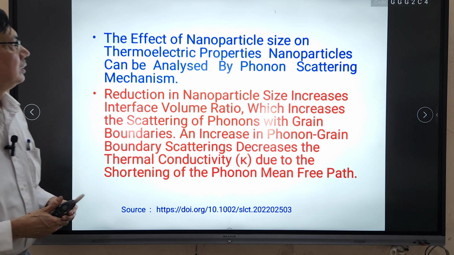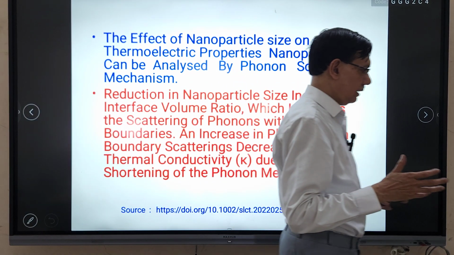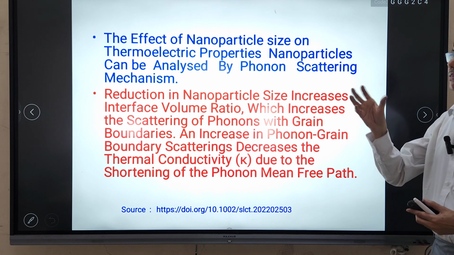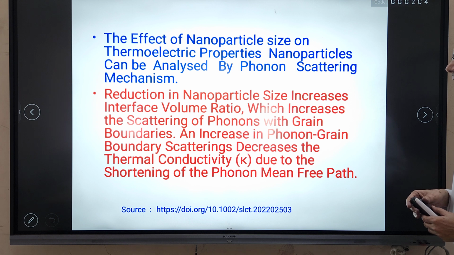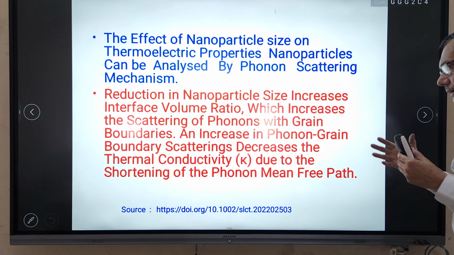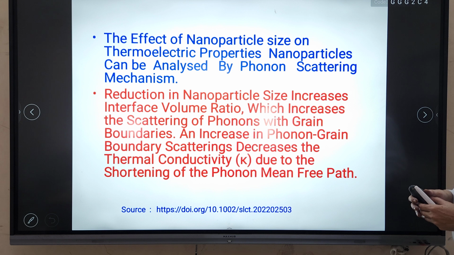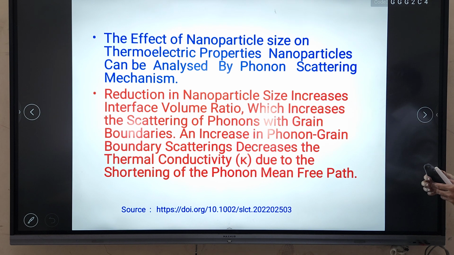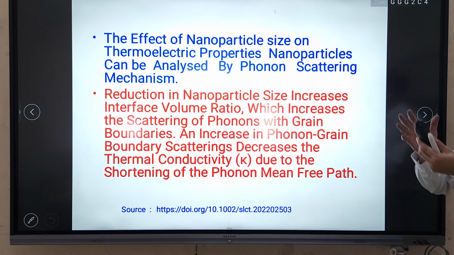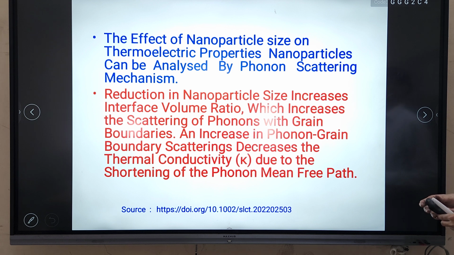The first point I have already discussed: quantum confinement, the movement of the electron. The second point is scattering, which is very important. The effect of nanoparticle size on the thermoelectric properties can be analyzed by phonon scattering or electron-phonon scattering.